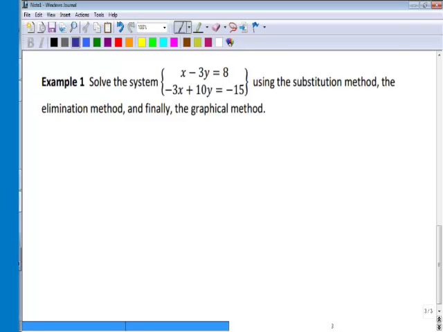I think the slope of the top line, if I'm doing the mental math okay, is positive 1/3. I think so. Positive 1/3. Double check me on that. And I think the slope of the bottom line is positive 3/10, like that.